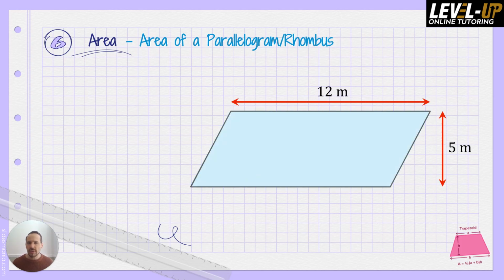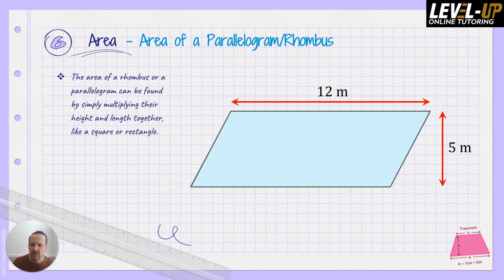So you can take something like a parallelogram. How do we calculate the area of that? It's basically that length times the height again. So we've got that height of 5 meters and a perpendicular side length of 12. You multiply those two together, and you get the area of the rectangle. And it might make sense why that would be, because like we saw earlier, a parallelogram is essentially a slanted rectangle.